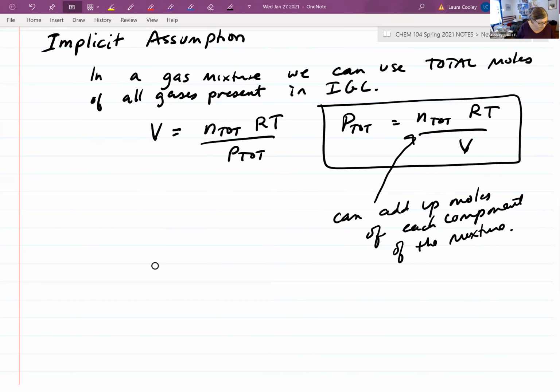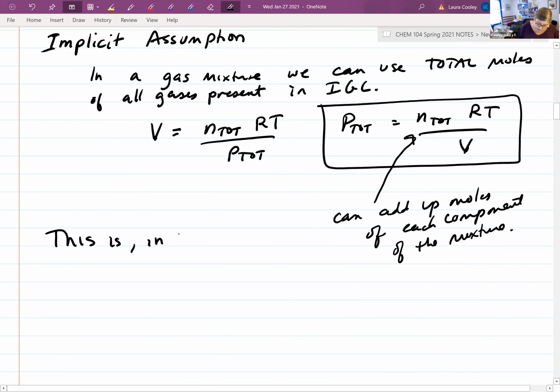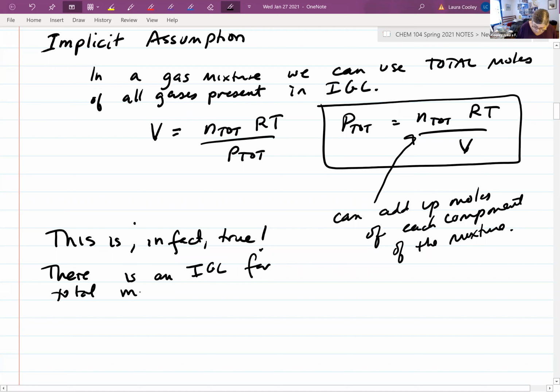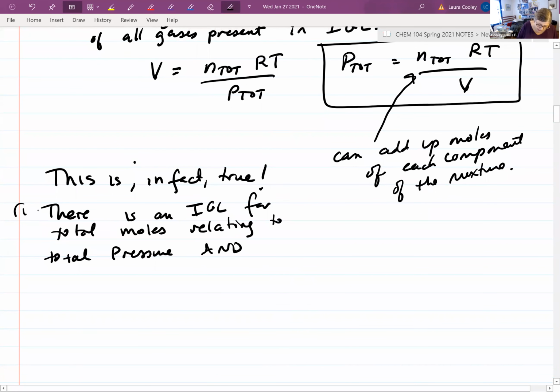In fact, it turns out that's true. This is, in fact, true. And I guess I could say there is an ideal gas law for total moles relating to total pressure, and that's number 1.